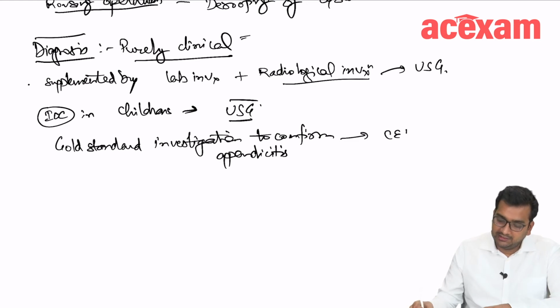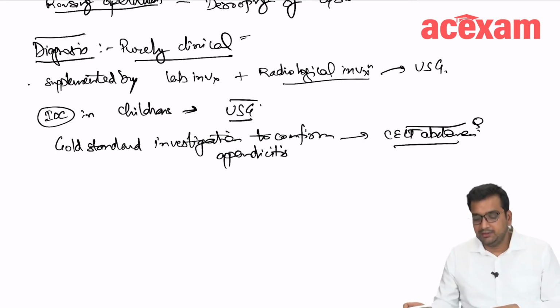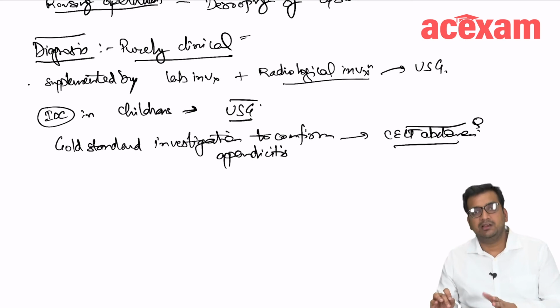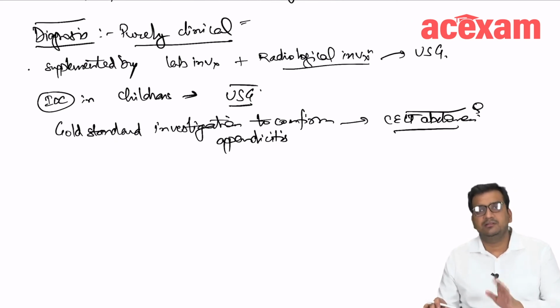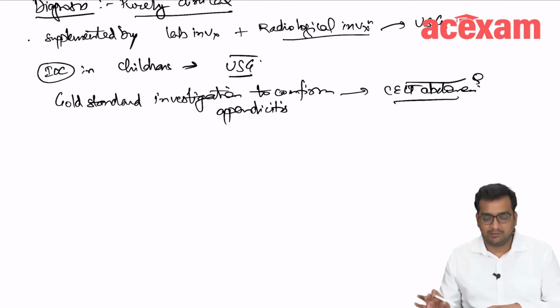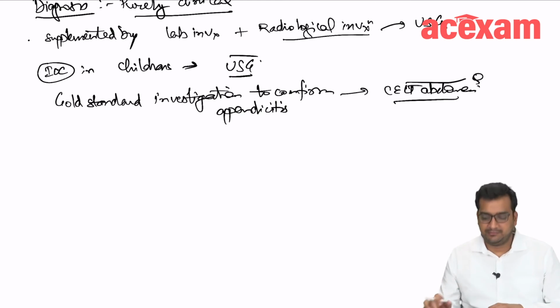It is CECT abdomen. The investigation of choice in children is ultrasound and the gold standard is CECT abdomen, but it is mainly diagnosed with clinical judgment, and the lab investigations are done to supplement the diagnosis. What is the treatment? Treatment is emergency appendicectomy.